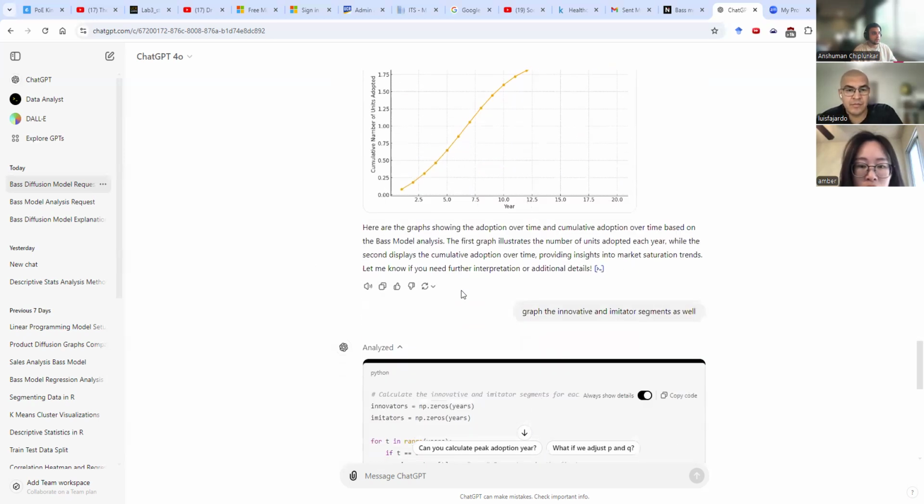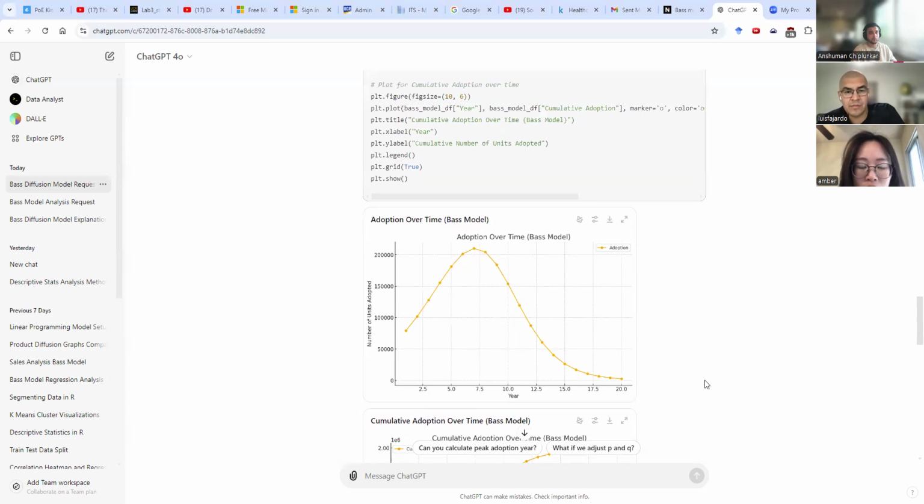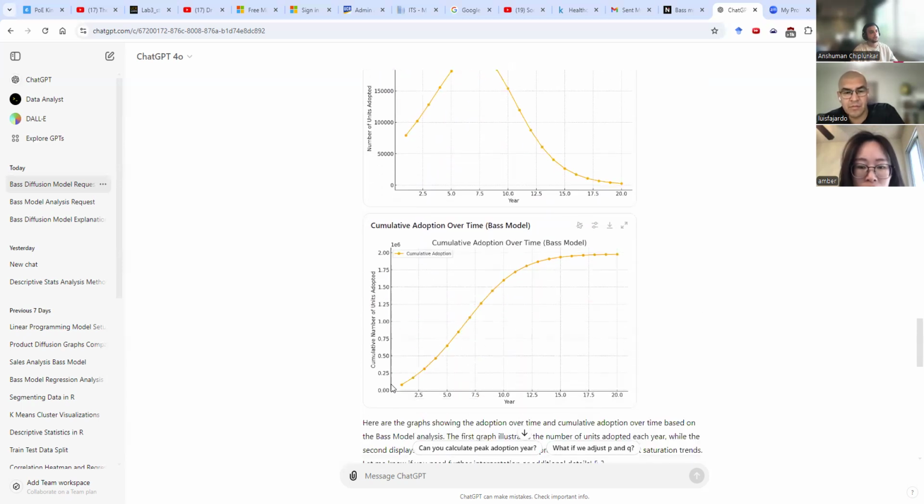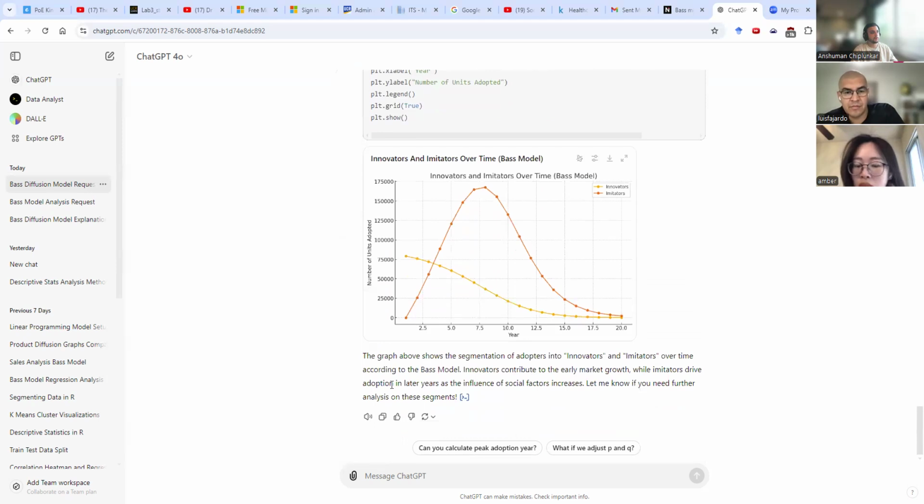It's a little more challenging to see because it put it in one curve and just called it adoption. So when you ask it to produce both instead, this is our graph of innovators who start off at this point and then taper off. And then you have your imitators who start off at 0, as we expect, and then pick up steam and start representing the bulk of the adopters.